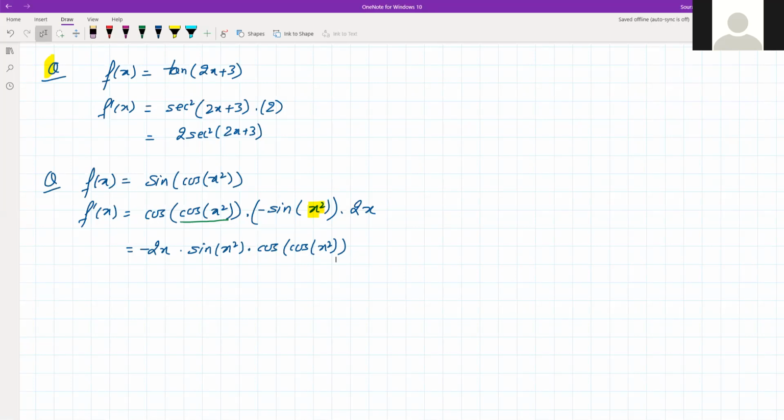Right? Now if you don't understand this particular thing, the second step, if it is confusing for you to write in one single step, you can solve it in multiple steps as well. So that's not wrong. You can write it as cos of x square into d by dx of cos of x square, that is the innermost function.